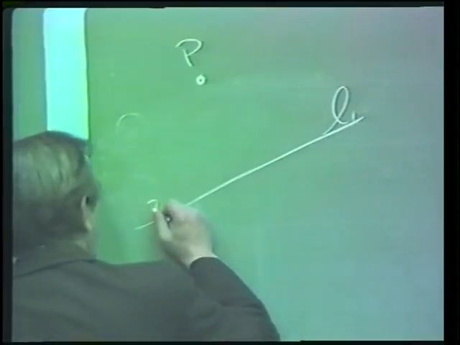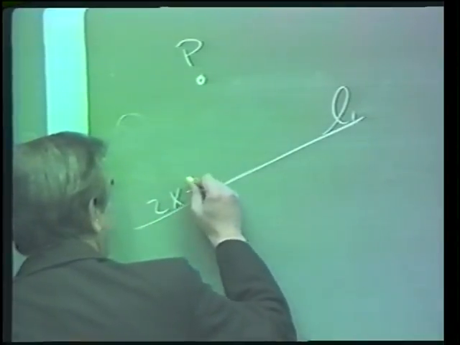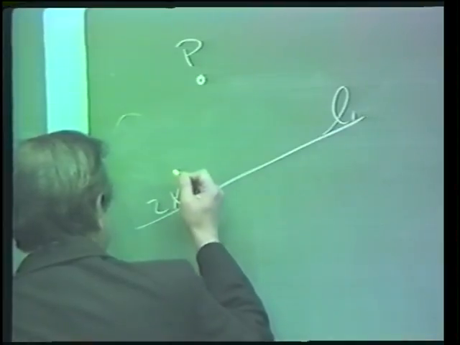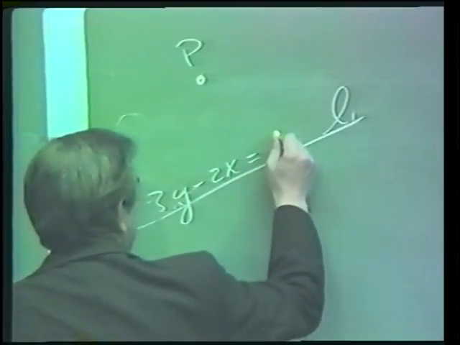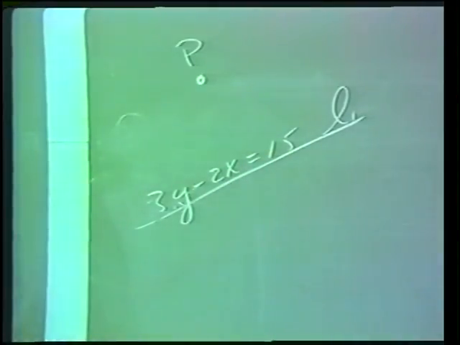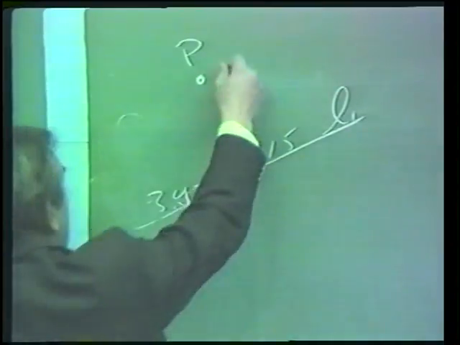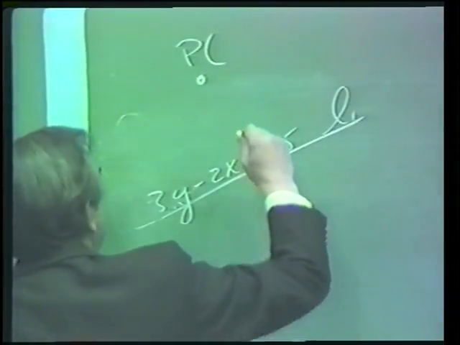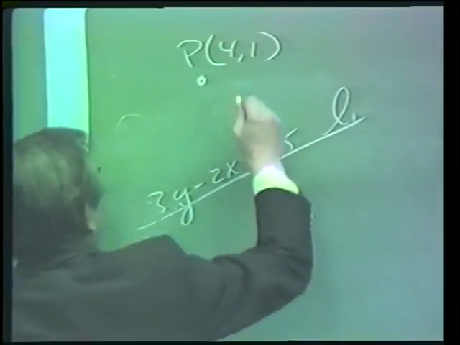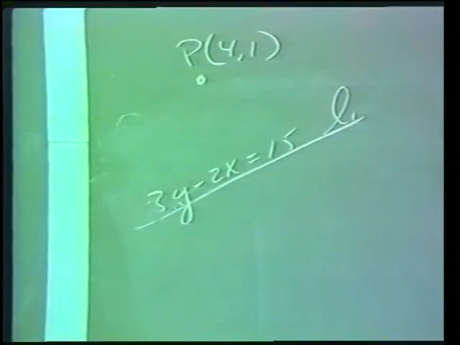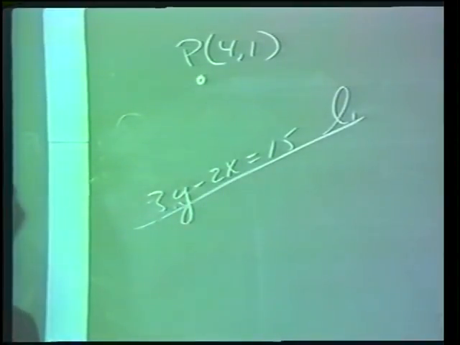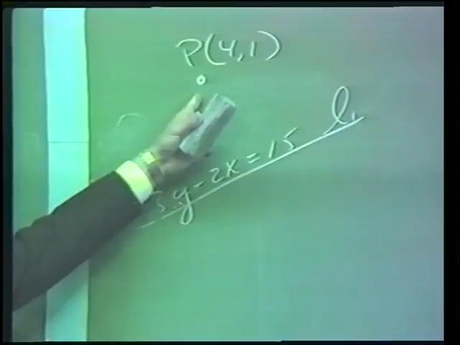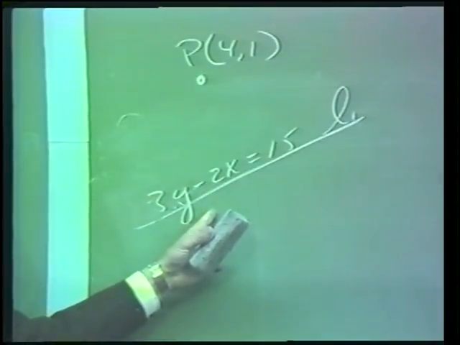Okay, let's suppose L1 is 3y minus 2x equals 15. That's line 1. Point P is 4, 1. So I have a line and a point not on the line. Now you told me that I can only draw how many lines through this point parallel to this line? 1. Find it.